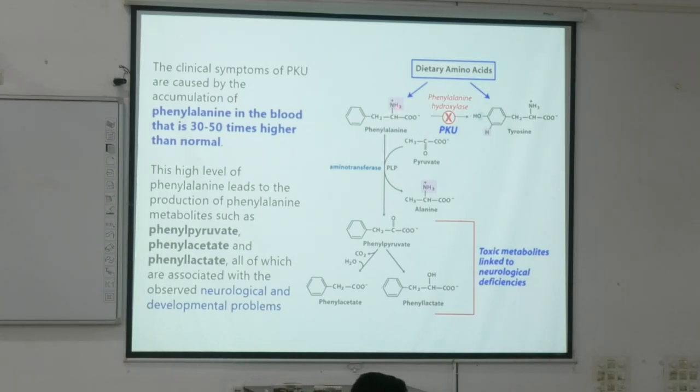The amino group will be removed and you will get phenyl pyruvate, which gives you further phenyl acetate and phenyl lactate. These get excreted in the sweat of the baby and give you a characteristic cabbage odor.